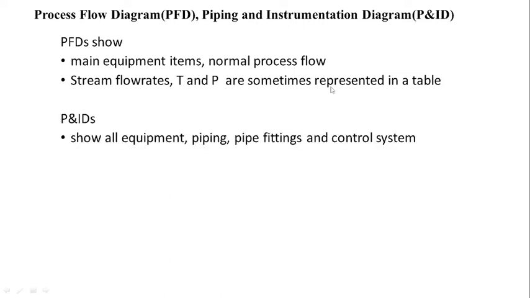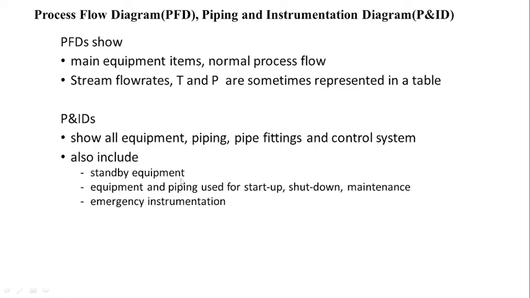A P&ID shows all equipment, piping, pipe fittings, and control systems, like control valve loops. It also includes standby equipment and piping used during startup, shutdown, and maintenance. But these types of equipment are not shown in a PFD.